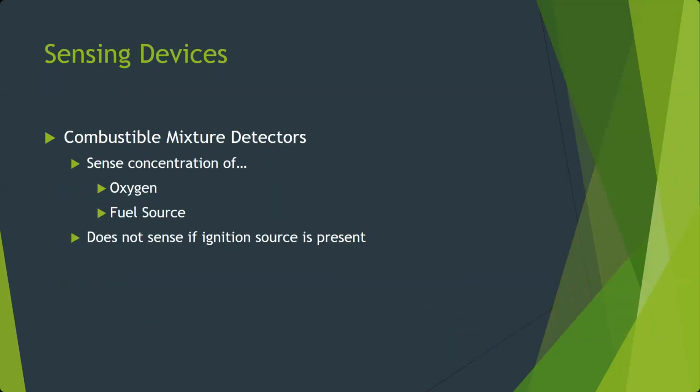So yeah, other sensing device, combustible mixture detectors. I mentioned these are going to look at concentrations of oxygen and then various fuel sources. And so it doesn't indicate if ignition is present. You can have an explosive or combustible mixture, but as long as you don't have that ignition source, it's not going to burn.